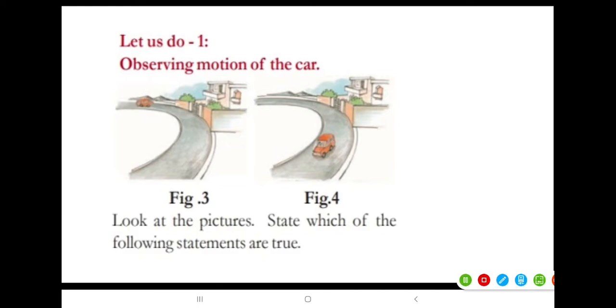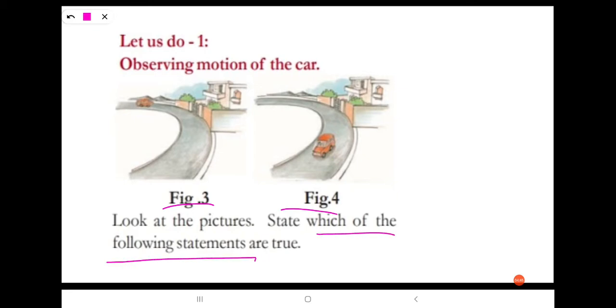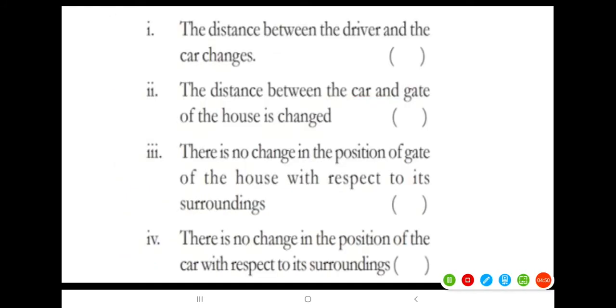Observe the picture carefully here, observing motion of the car. Look at figure 3 and figure 4. Look at the pictures and state which of the following statements are true. First: the distance between the driver and the car changes.